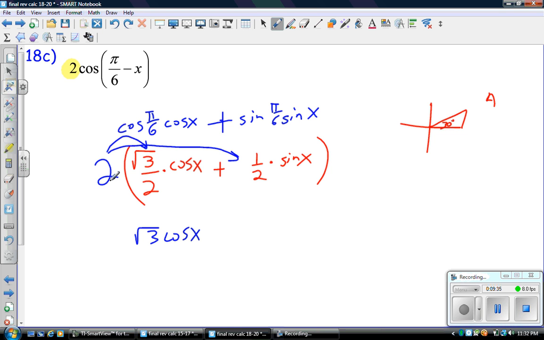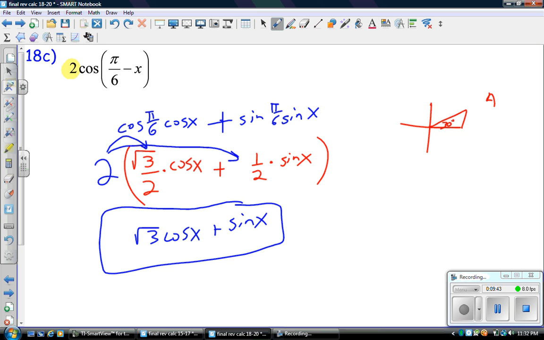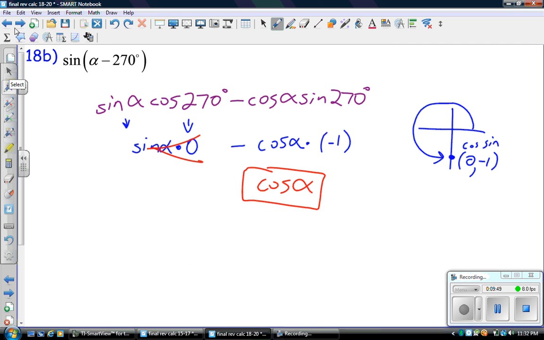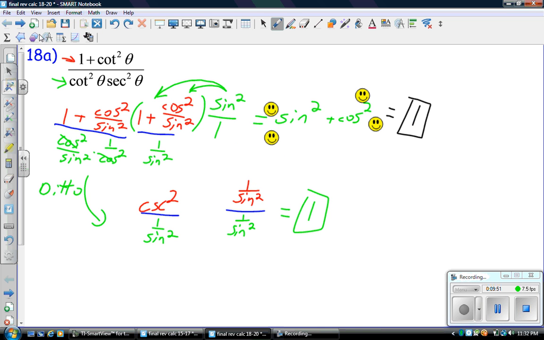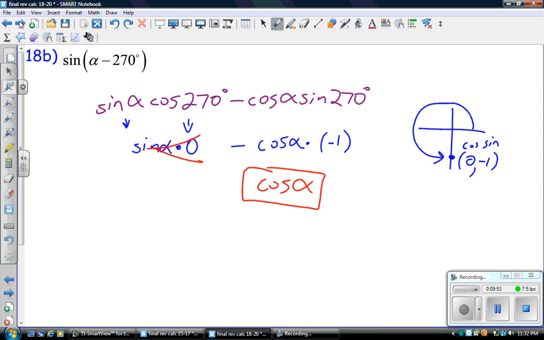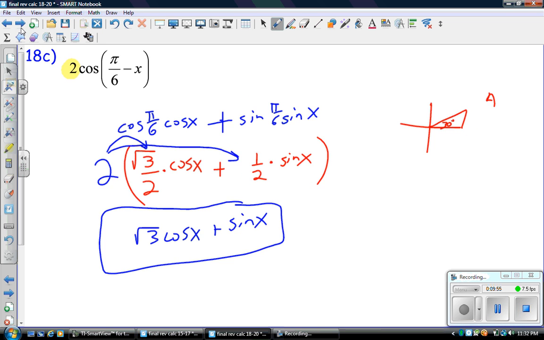Distribute there. 2 times 1/2 is gone, so it'll just be plus sine x. Simplified. Again, on all 3 of these it said simplify. Simplified form. We're not getting numerical answers. Well, technically on the first one we got a numerical answer because it turned out it just equaled 1. But in general we're just simplifying, crunching it down to something.